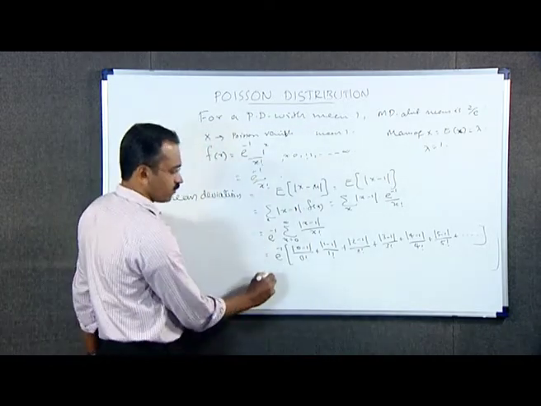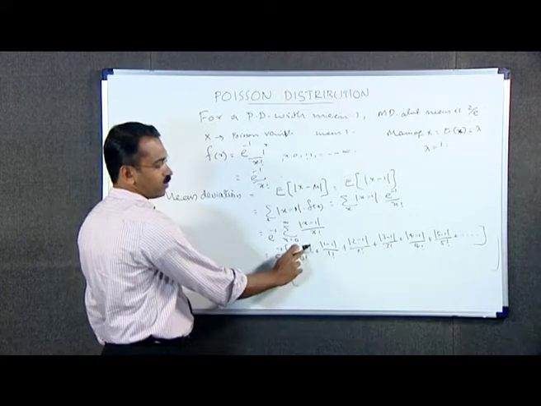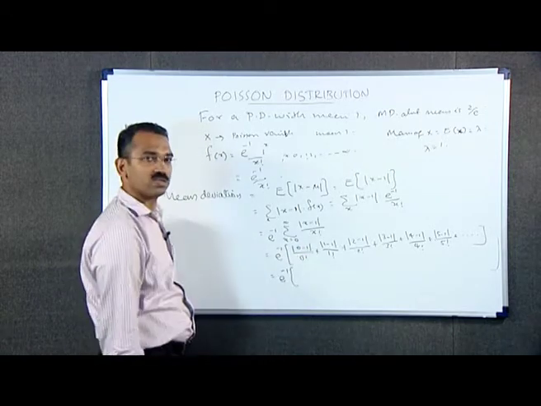Which is equal to e raised to minus 1 into, here modulus of minus 1 is 1, 0 factorial is 1.